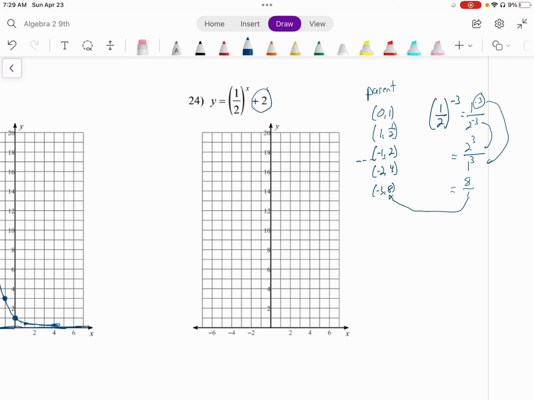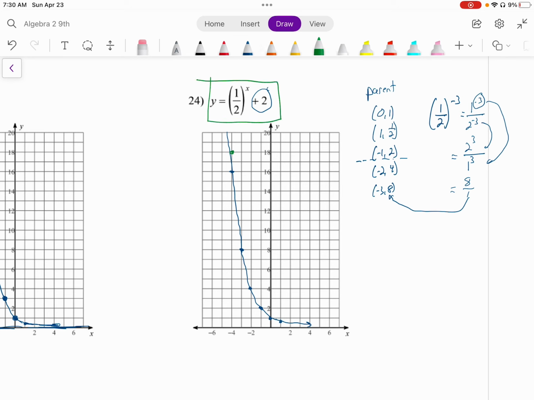So here's our first two main points, 0, 1, 1, 1/2, and negative 1, 2. I gave you a few other ones there. We could actually go negative 4, 16. That is the parent function with the horizontal asymptote at the x-axis. However, we're going to move this parent function up 2, so my answer is going to be in green.